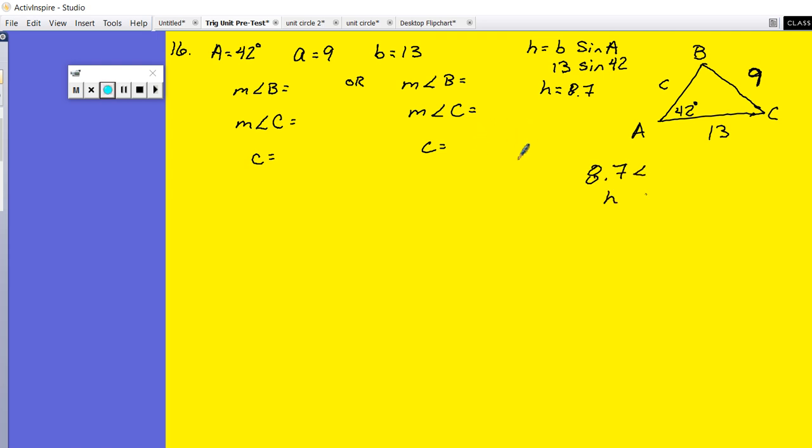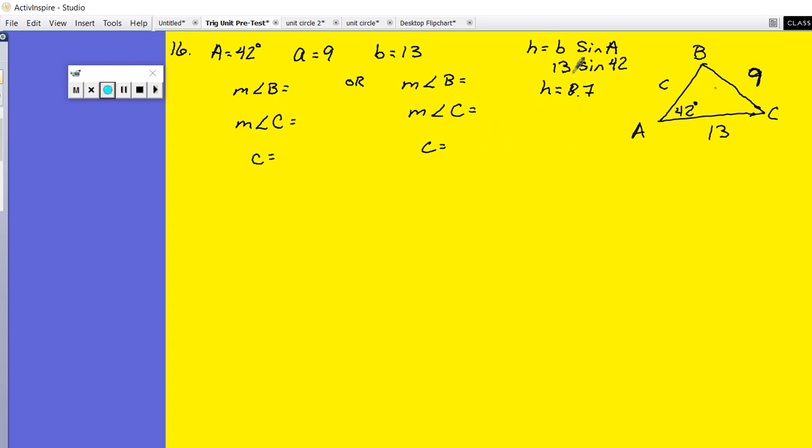So H is smaller than 9, which is my A, which is smaller than B. So if I look at my little rules, it says the first one, if H is less than A, less than B, there are two solutions. So that means I'm going to have two solutions. So we'll go through the normal process of doing this problem, and then I'll explain how you get those two solutions.